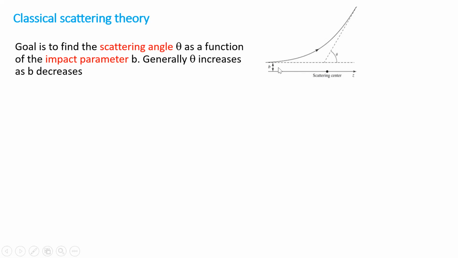So it's the perpendicular distance to the scattering center of the incoming object. We'd like to find the scattering angle as a function of the impact parameter B.